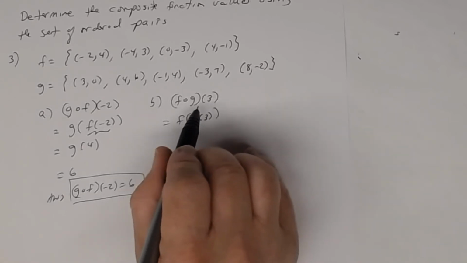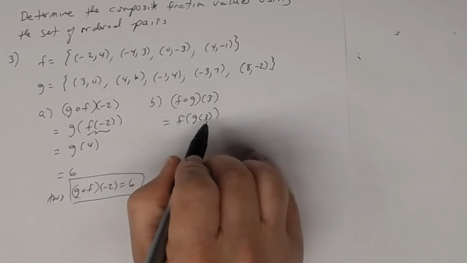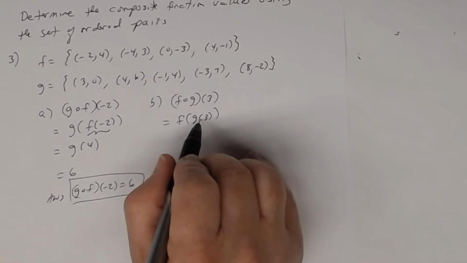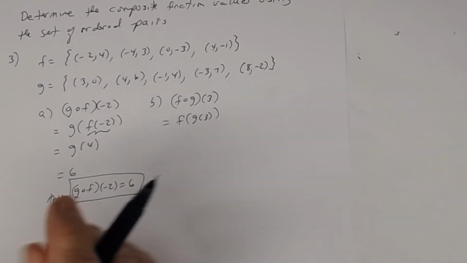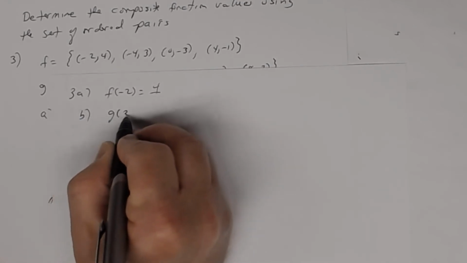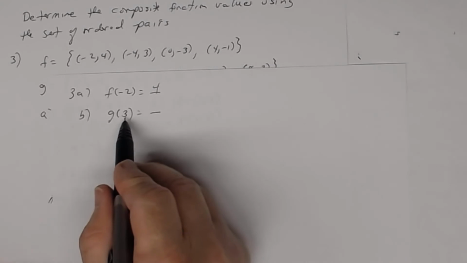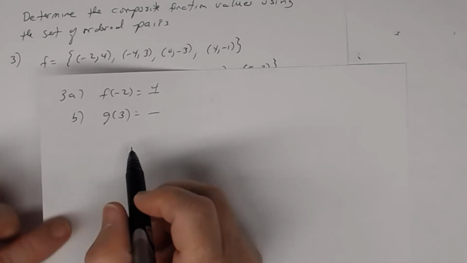What you're doing first is finding g of 3. So write it like this first. That's your thought process. So in your mind, you're saying g of 3. I need to find my y value. So when x is 3, what's my y value for my function g?